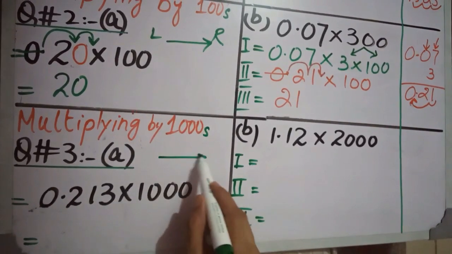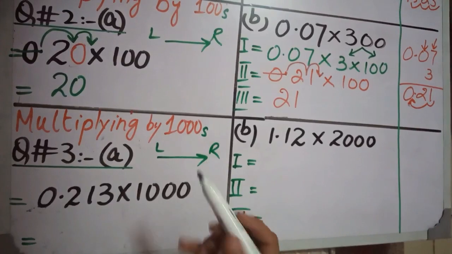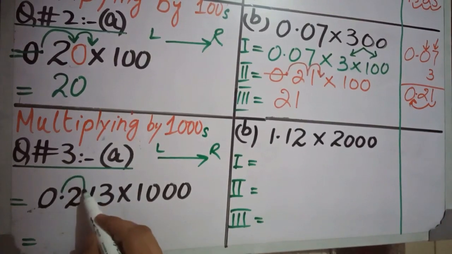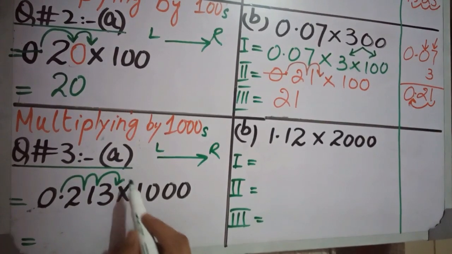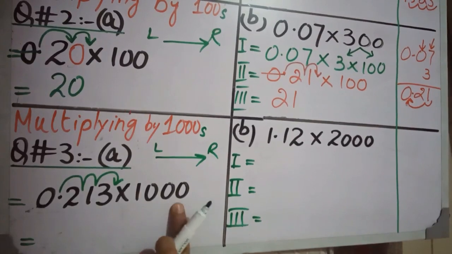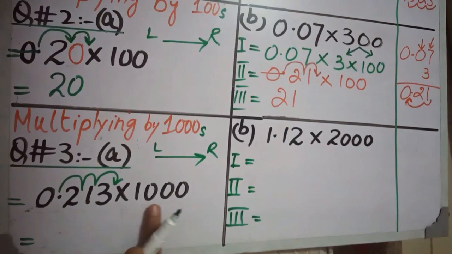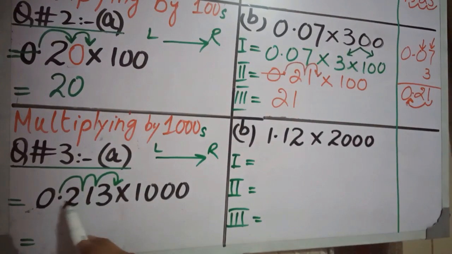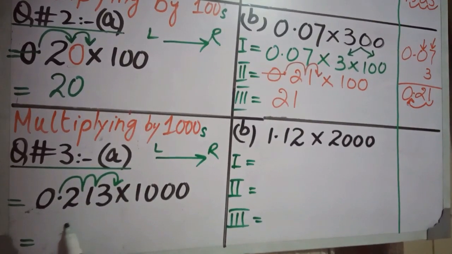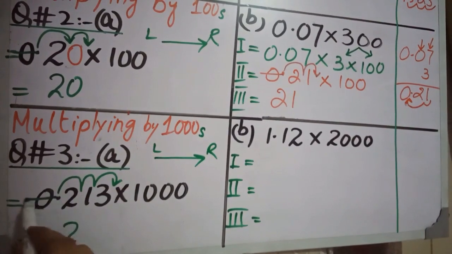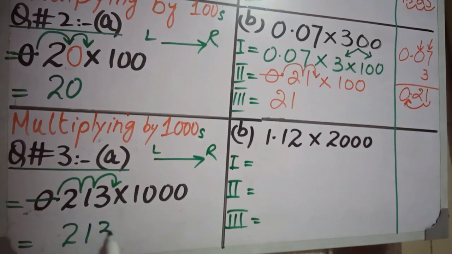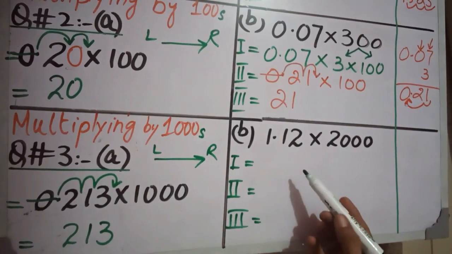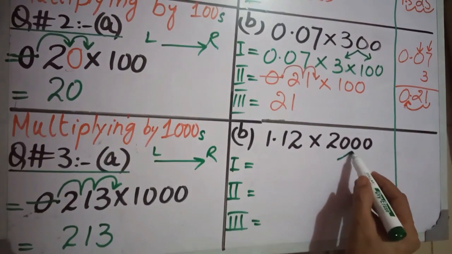Again, we will go from left to right like 1, 2, 3, because here are 3 zeros. Due to 3 zeros, we will shift the point 3 times to make it 213.